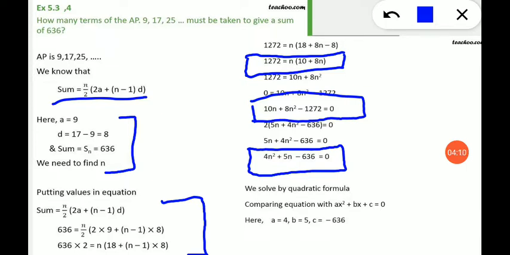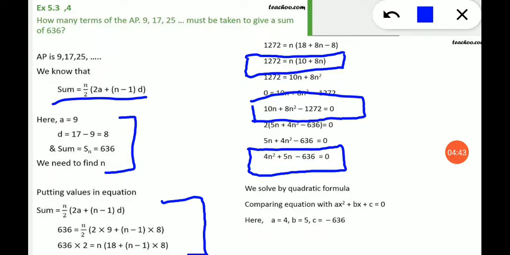Now since we have to find out the value of n and it is a quadratic equation, we have to find out the factors or zeros of this quadratic equation. We can use different methods also, like factorization or completing the square or the quadratic formula to find the zeros of this quadratic equation.